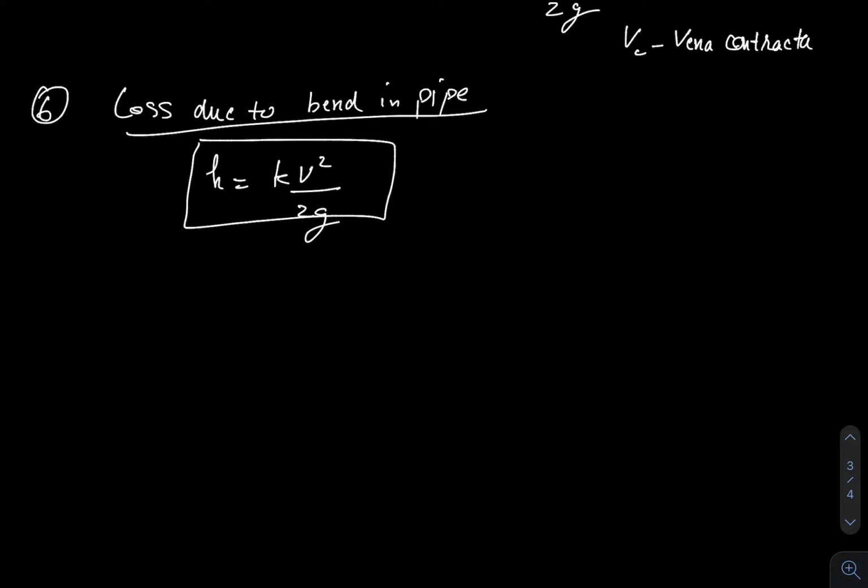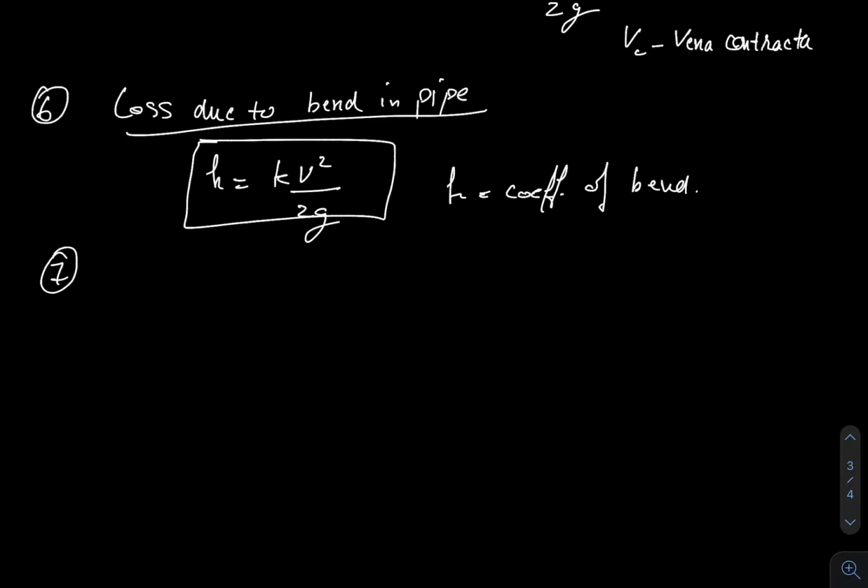Just remember the formula. Here K is the coefficient of bend. We do not go into detail of this, it's out of the domain of our syllabus. Just keep this in mind. Basically this is an expression to calculate the losses at the bend. K is the coefficient of bend.